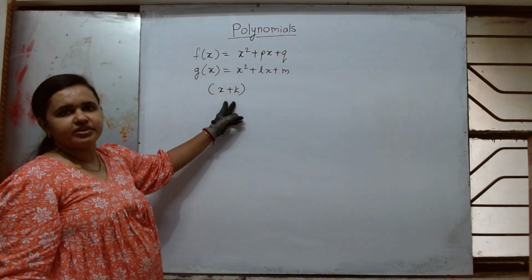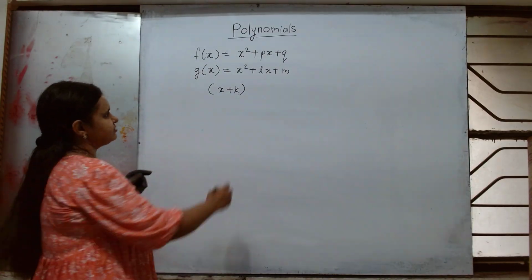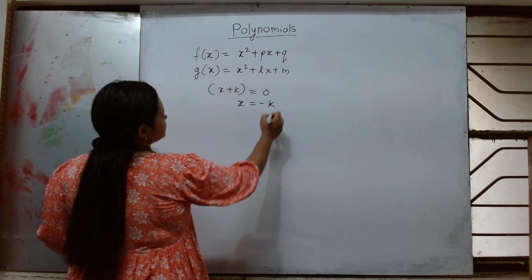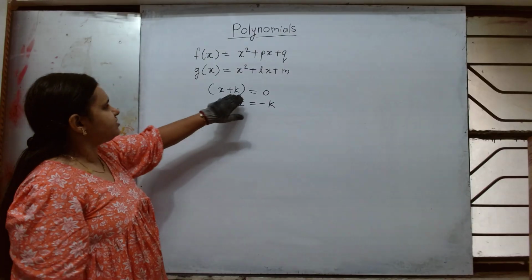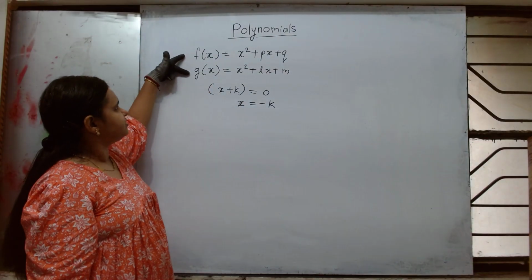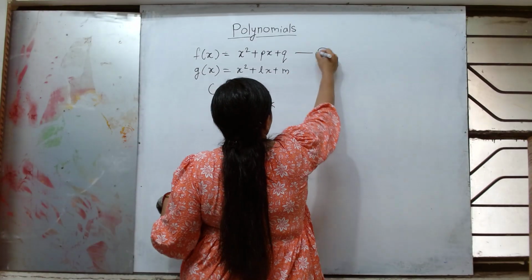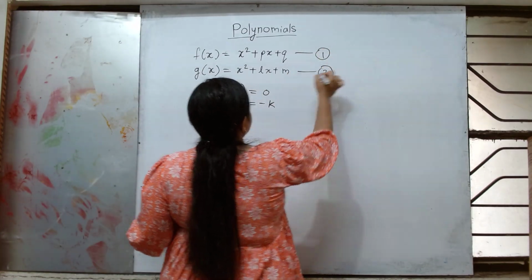So from this we can find the value of k. If x plus k is equal to 0, x is equal to minus k. Now, as this is the common factor of these two polynomials, we can equate them. I put it as equation 1 and equation 2.